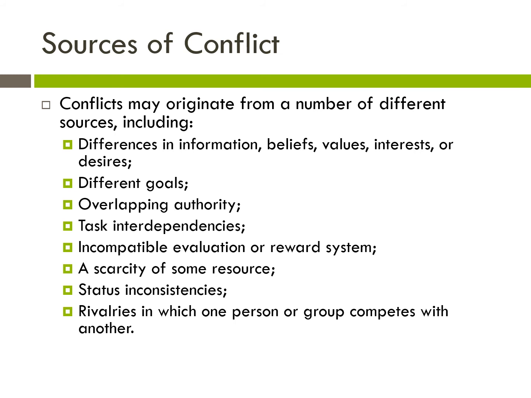Scarce resources. This is where managers can conflict over allocation of resources. When financial resources are scarce, managers can fight over allocations. And then status inconsistencies. Some groups may have higher status than others. There are more sources of conflict beyond this, but this will just give you a basic idea.